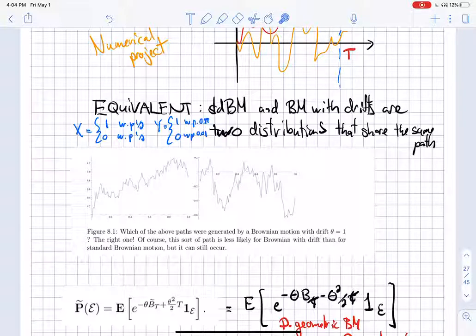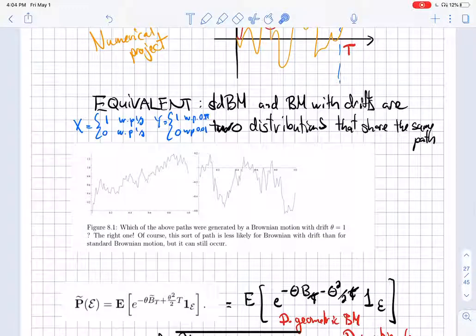The only difference, so how did I generate that with a standard Brownian motion? Well, I just waited. So I applied the simulation routine several times, and I just waited to see a path that is typical for Brownian motion with drift, okay? So it's atypical for standard Brownian motion, but it's still possible. So I just had to wait a long time.